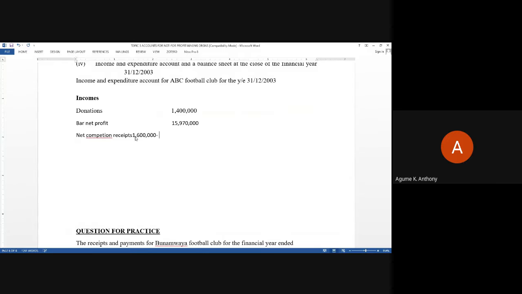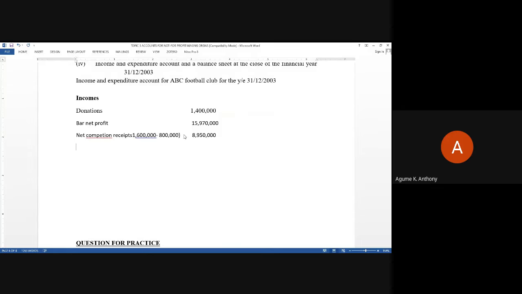I subtract 800. I mean that the net received in respect to this activity is 8,950,000.